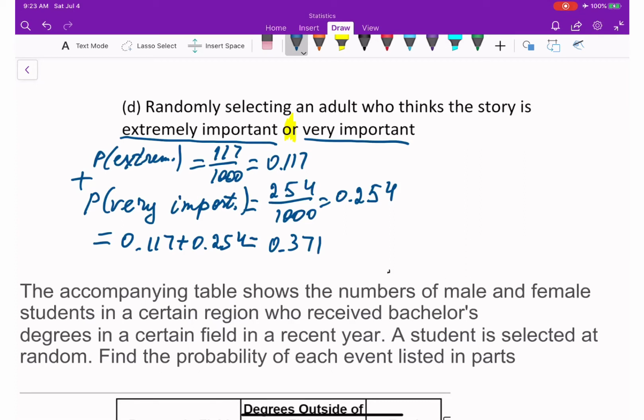Did I add correctly? No, of course not. Seven plus four is 11, carry one, 6, 7, and 3. Yeah, very good.